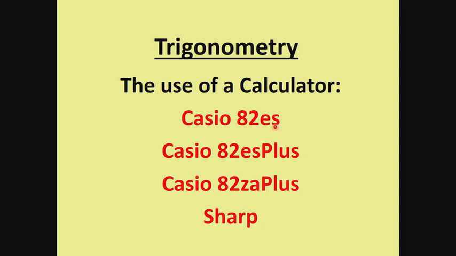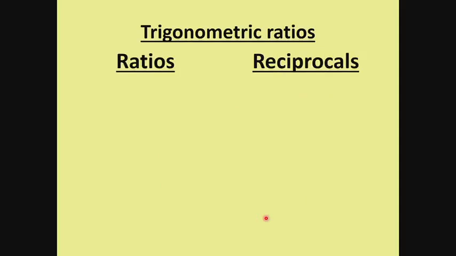It doesn't mean if you have a Casio, now in the exam all of a sudden you're going to work with a Sharp. Each calculator can do the same thing, but has different features or ways to get to the answer.